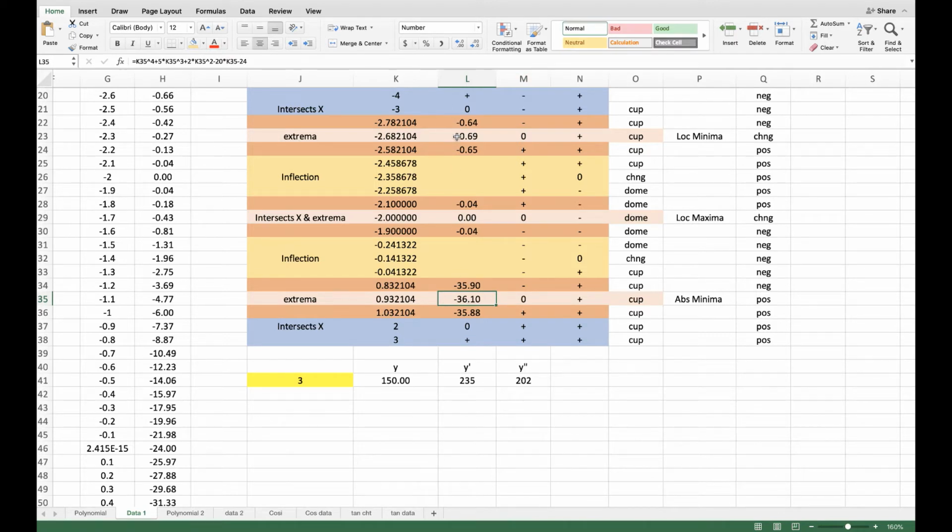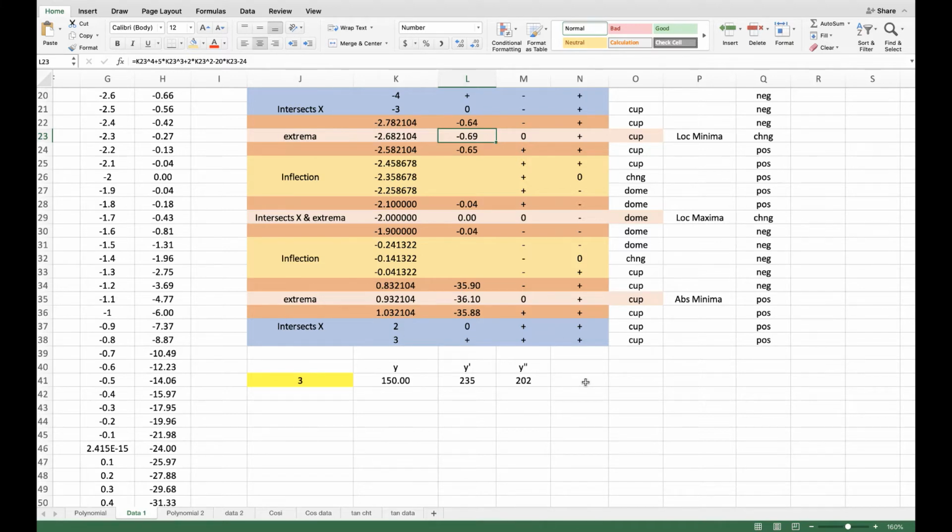And when we look at the other 2 points where we have extrema, where y prime is 0, the values of y are -0.69, 0, and minus 36. So this is our absolute minimum. Our function doesn't get any lower than this. So at 0.9321, we find our function has its absolute minimum of minus 36.1.